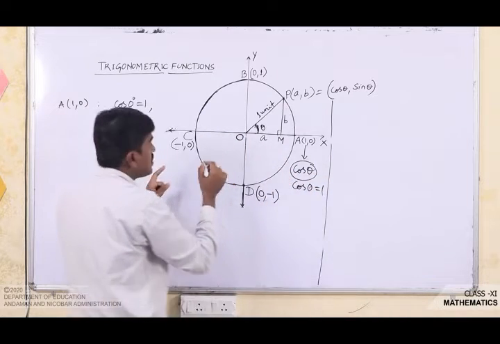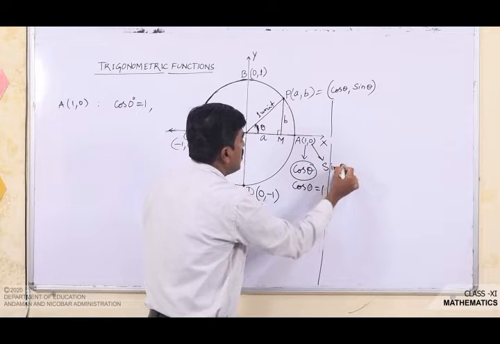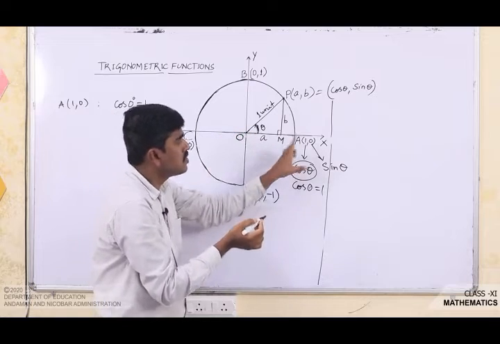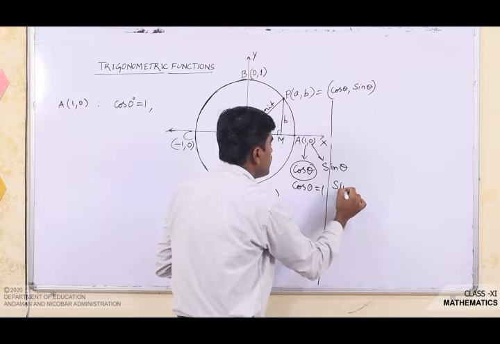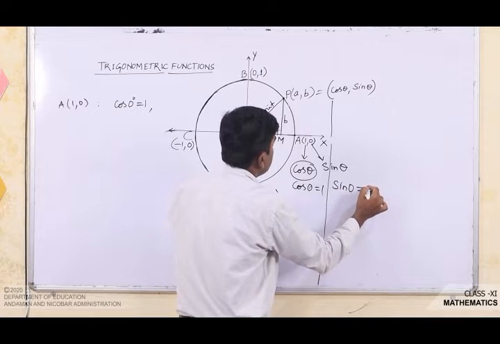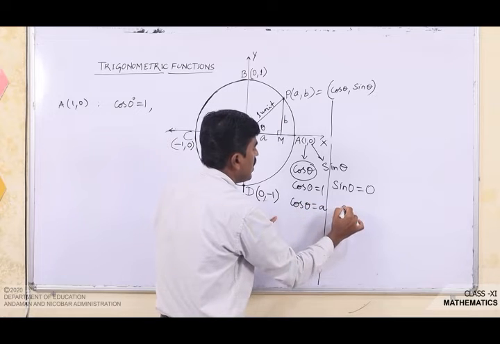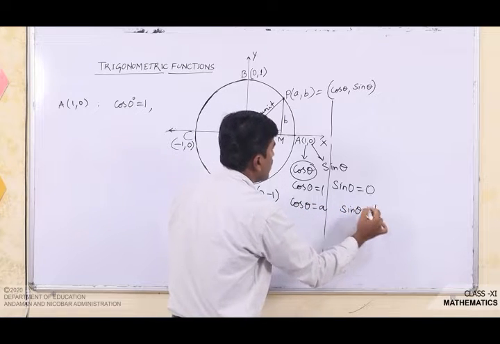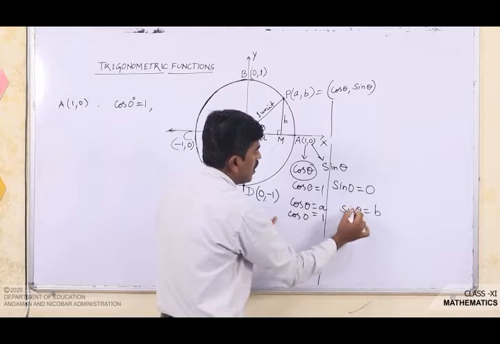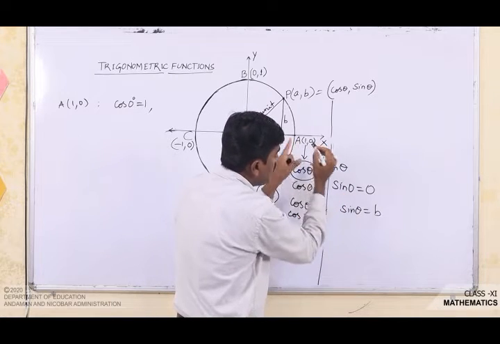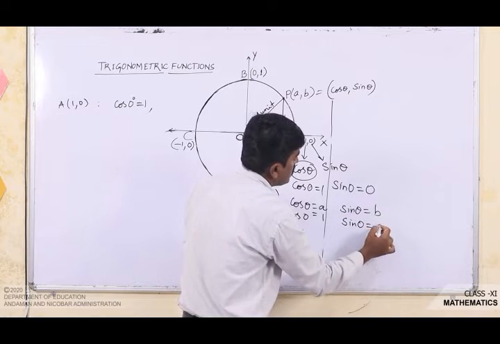Similarly, sin 0 degree, here this coordinate is represented as sin theta. Now in this case theta is 0 as this point lies on the x axis. So sin 0 is equal to 0, as cos theta is equal to A and sin theta is equal to B. So in this case for the point A 1, 0, theta is 0 and B is 0.